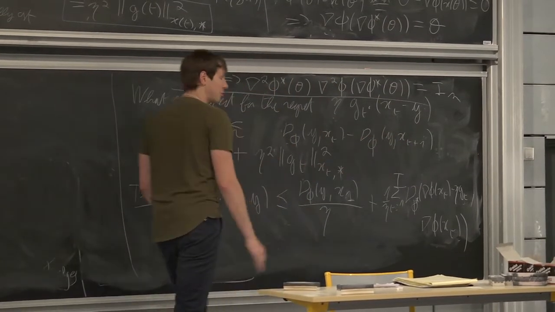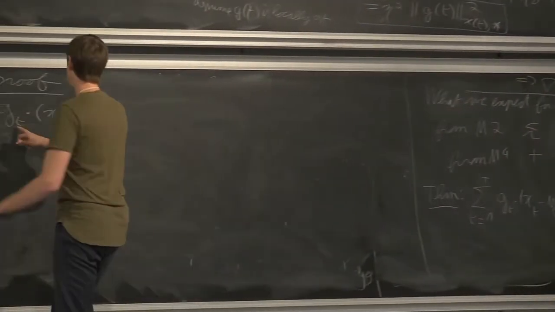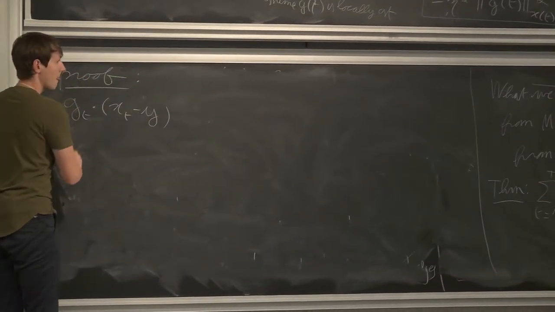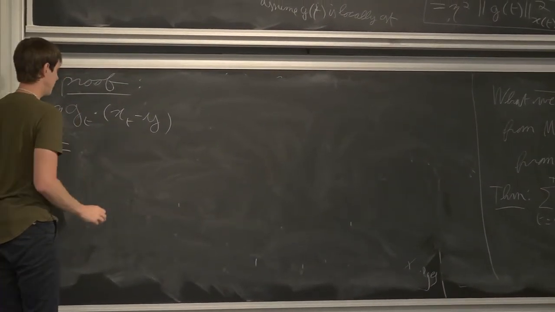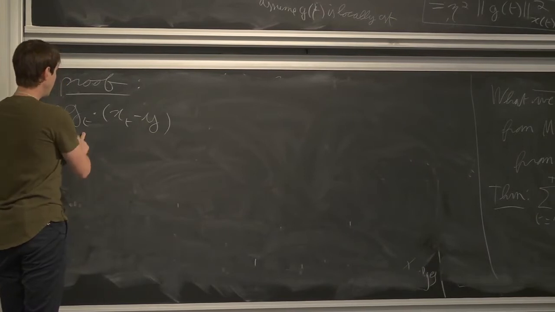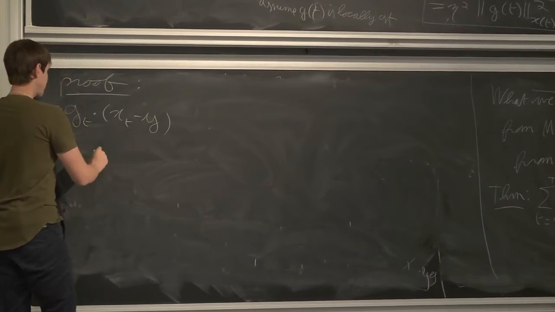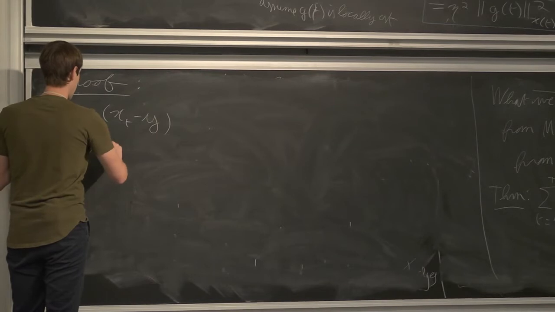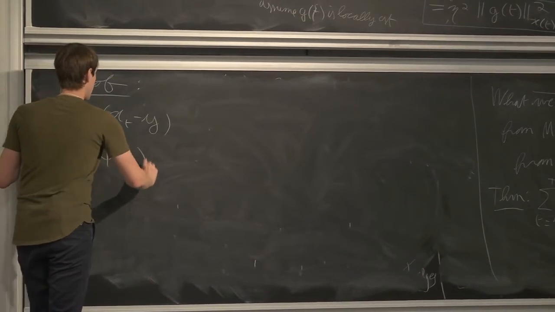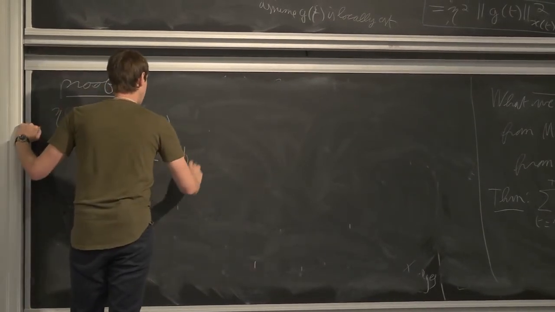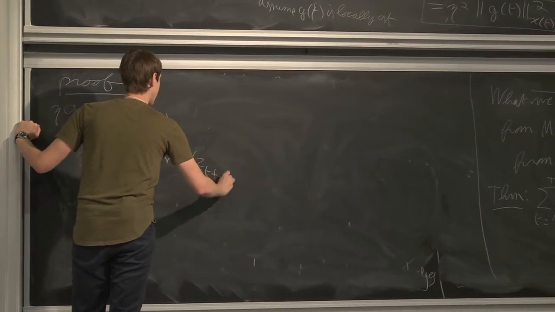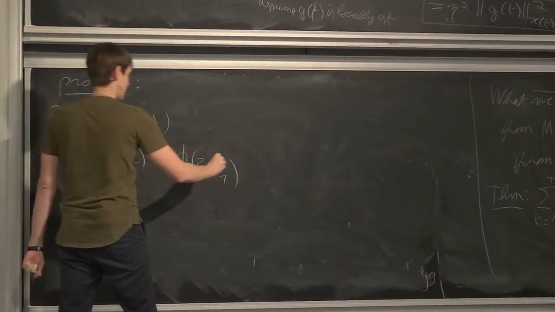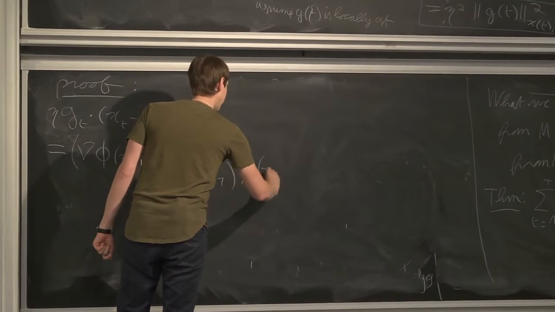So I want to try to make G_t disappear. What is G_t? By definition, let's put an eta so that we don't have to carry this eta all the way. So eta G_t is grad phi of x_t minus grad phi of z_{t+1}, inner product with x_t minus y.